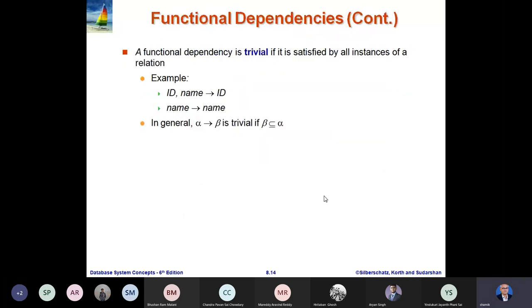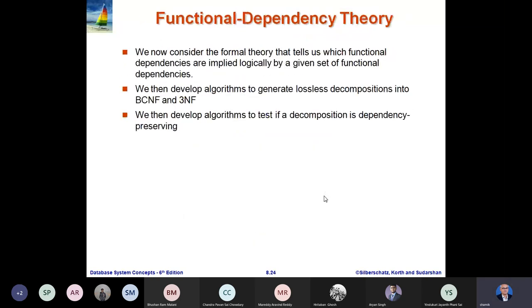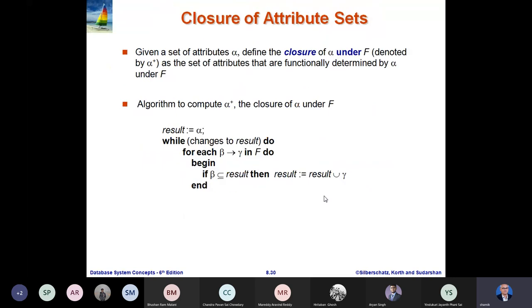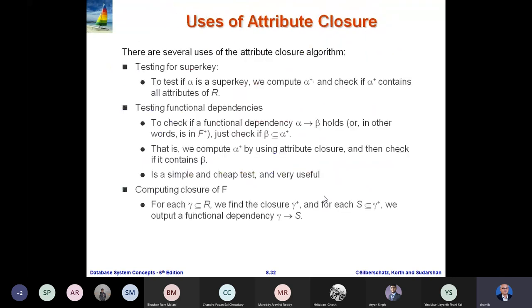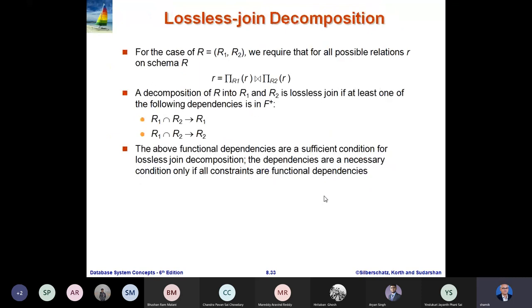Now, with respect to FDs also, we can define when a decomposition will be lossless. Suppose we have this schema R and we decompose it into R1 and R2.